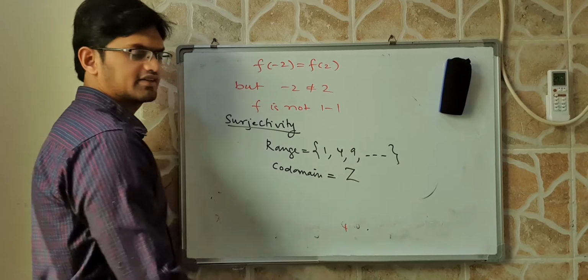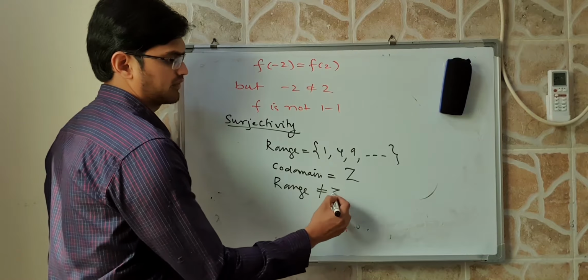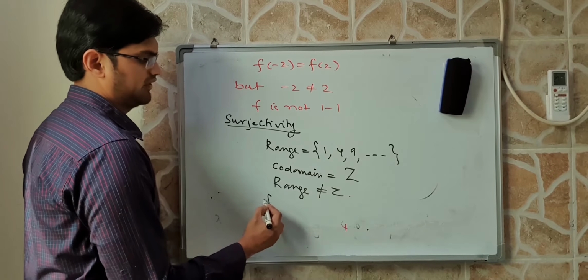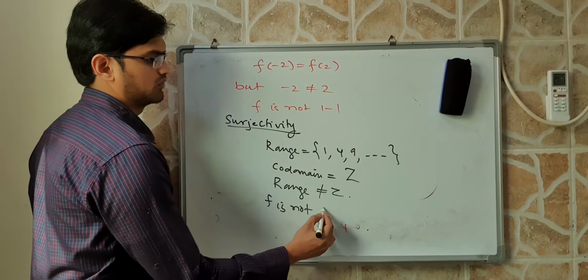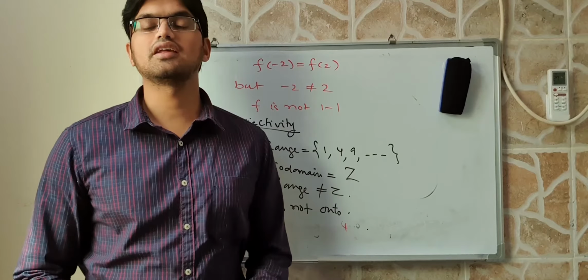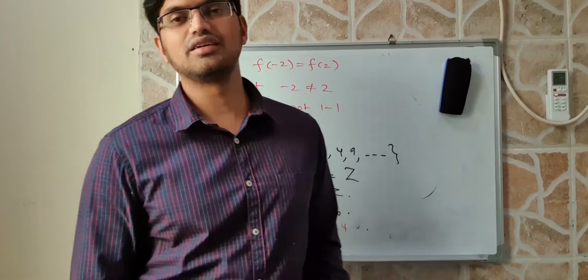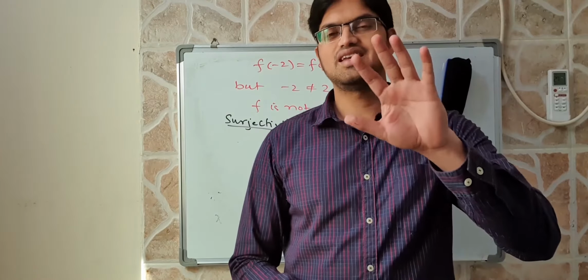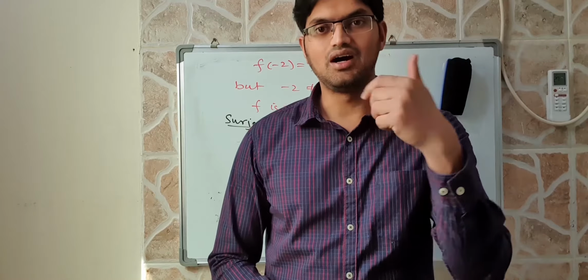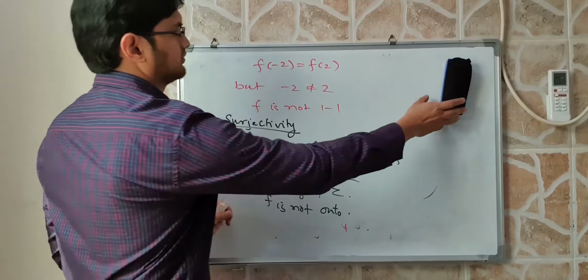The codomain is integers. So range is not equal to codomain. Therefore, f is not onto. Okay, this is in the case of integers. So see, friends, try to see the difference in how changing the domain affects this. Now let us take the next one.